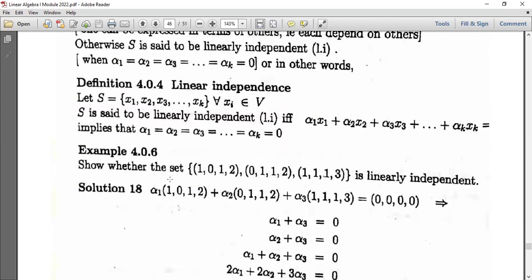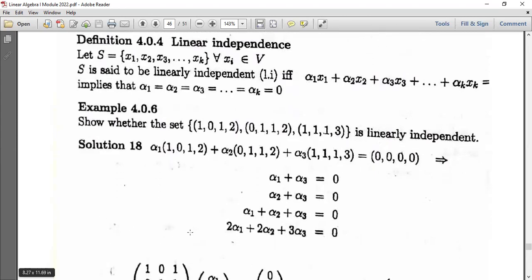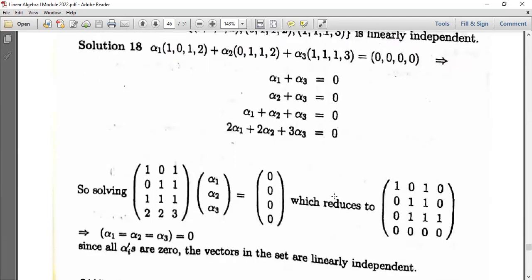Let's check. We want to show that this set S here is linearly independent. Now, we write the set as a linear combination with constants alpha 1, alpha 2 and equate to 0. You see, this is 4 dimension, so even the 0 will be in 4 dimension. When we do that, we generate this system. And when we try to solve this system, we find that all the constants must be zeros.